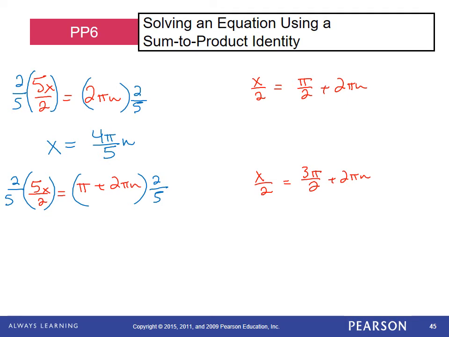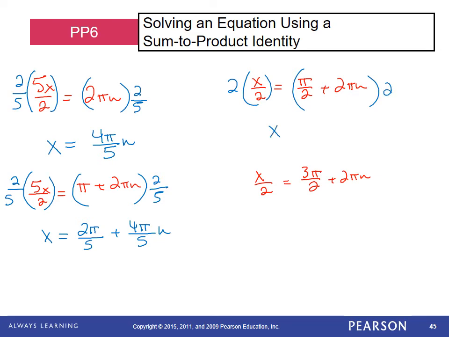Okay, lots of thinking here, isn't it? More thinking than we did in algebra. So 2/5 times pi would give us 2 pi over 5. Multiplying here gives us 4 pi over 5 n. Cool. Going over here, oh good, easier now. Let's multiply by 2 here and multiply by 2 on this end.